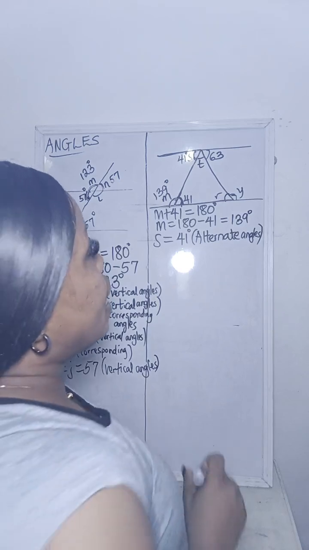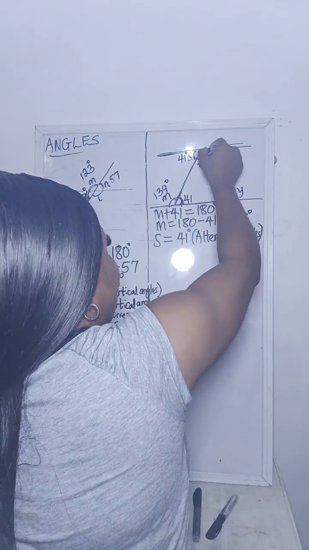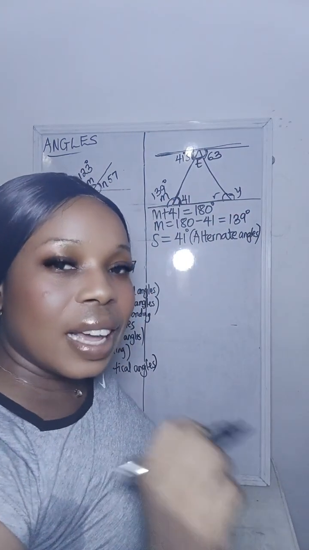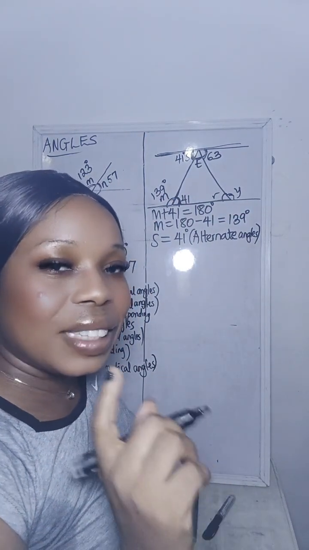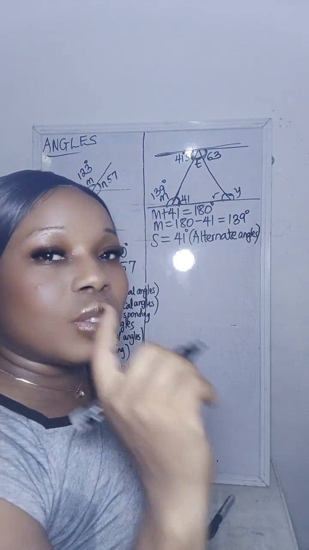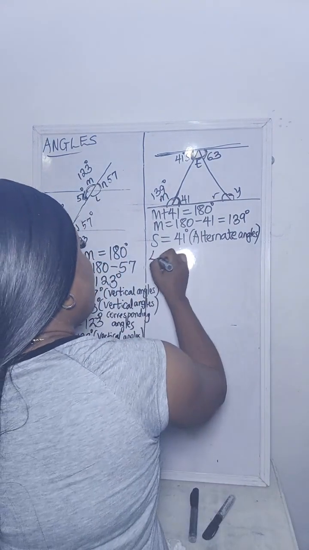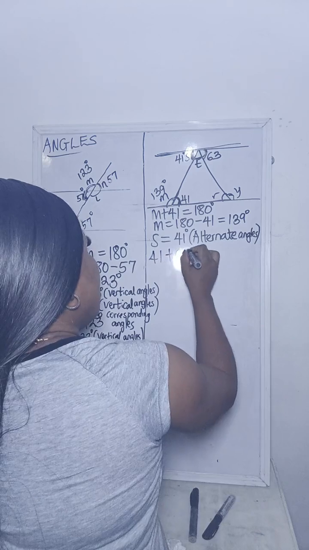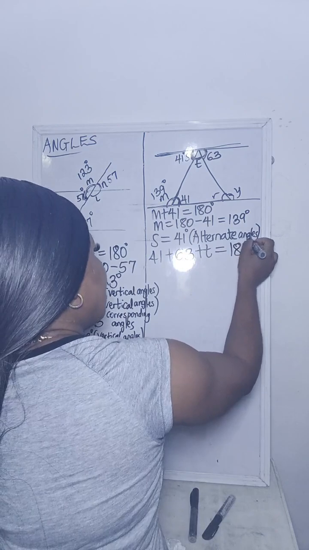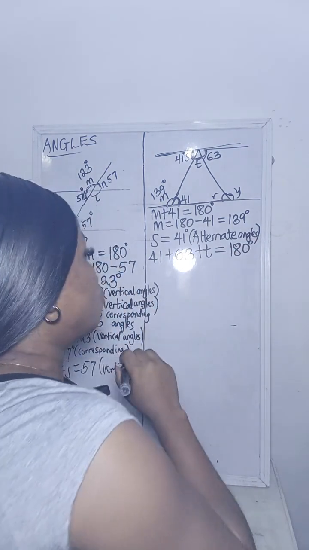Now, since we've gotten S, you would notice that these angles right here are all on a straight line. And remember what that says: angles on a straight line add up to 180 degrees. So that means 41 plus 63 plus t equals 180 degrees.